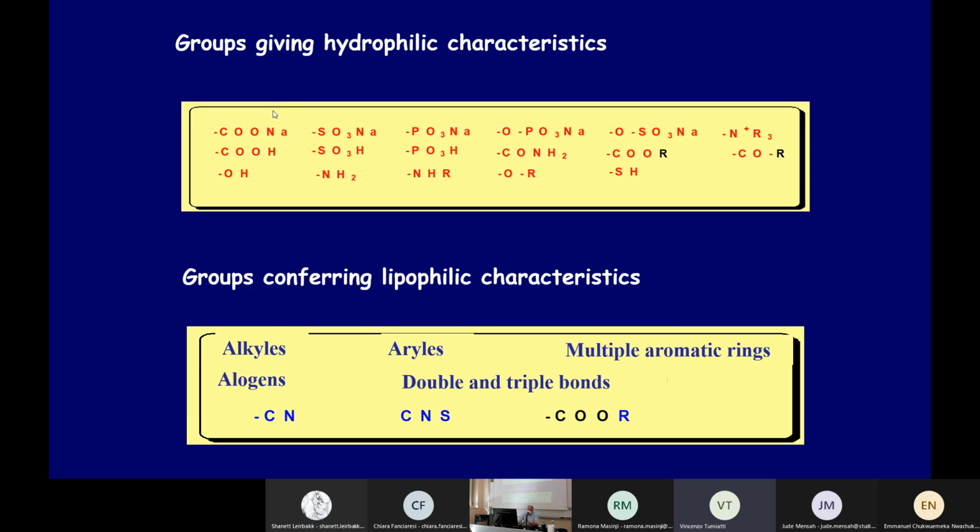These different salts are very soluble in water. When a salt is in the water, you have the charged form, but this charged form is in equilibrium with the uncharged form. So in this case, it depends on the pH or the pKa of your acid. You can have the two different forms.